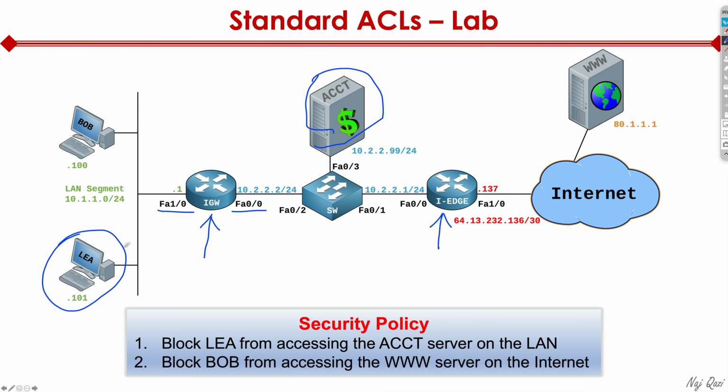Now, here's what it means. If I were to apply this access list on fast Ethernet 1/0 in the inbound direction, what's going to end up happening is because standard ACLs only match on the source, Leah's IP will be blocked from accessing anything on the entire network, to the point that Leah won't even be able to ping Bob's PC.